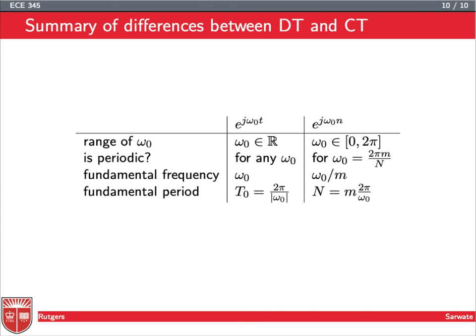The fundamental frequency is omega naught in continuous time, but it's actually omega naught over m in the discrete time setting, and the fundamental period looks very similar, but we're going to have this integer condition in discrete time, so that this capital N is an integer.